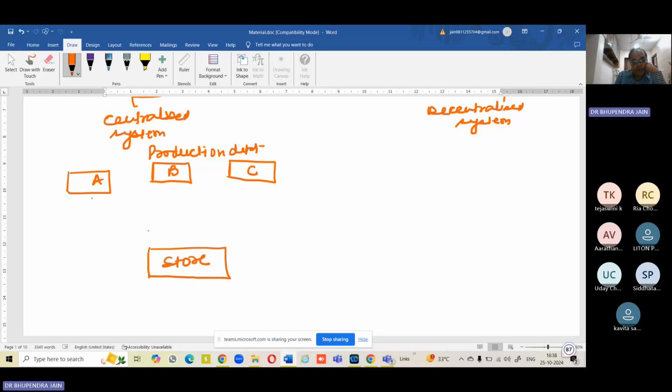Whenever production department A requires some material, then what will the production department do? It will request the store department to supply the particular goods. And for the request, the production department prepares the requisition note.